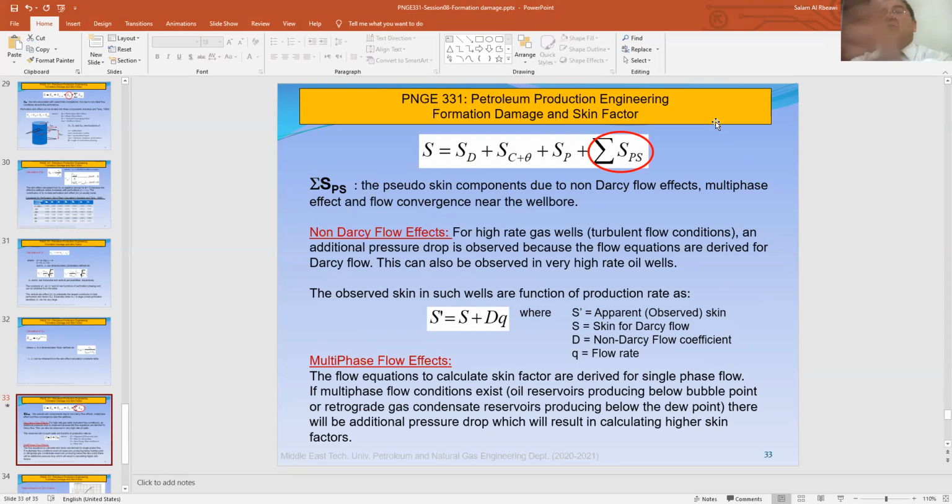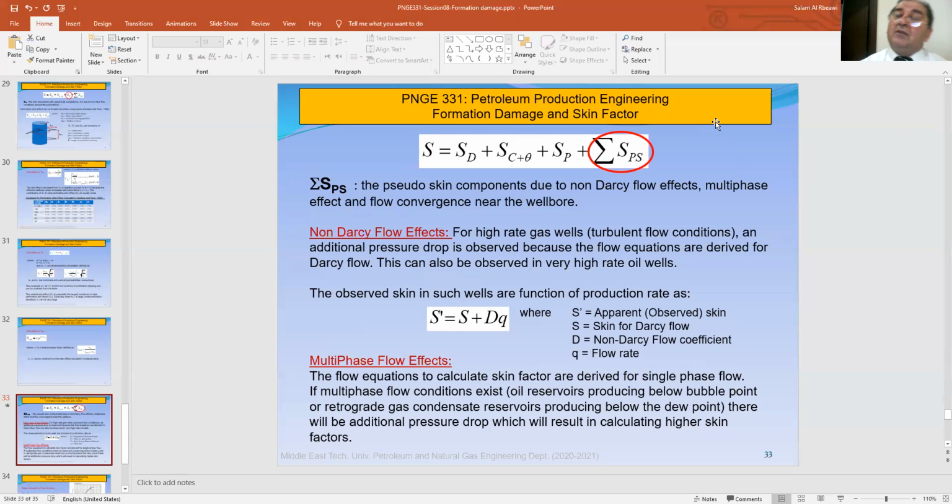Then the term beta rho V square can be written in terms of what? D q square. If we remove D q times q, so we are talking about D q, which is called rate dependent skin factor. Rate dependent skin factor. See what I'm saying?